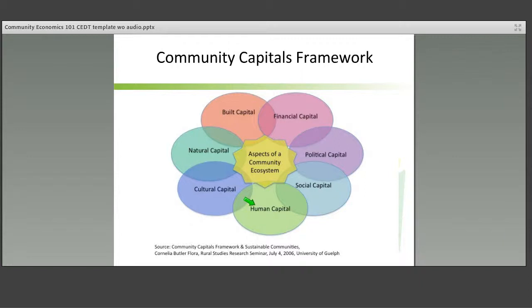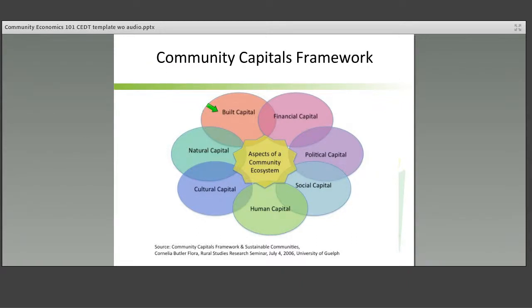And that, I think, might have informed what Cornelia Flora at Iowa State University came up with, thinking about the community in a much more holistic fashion. And I think that's a very helpful way to think about the local economy as well.